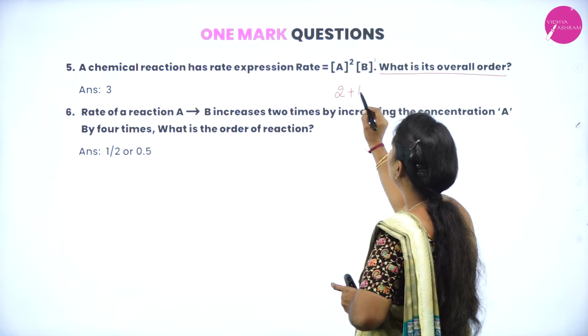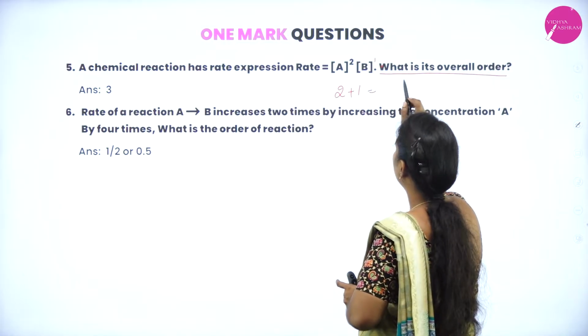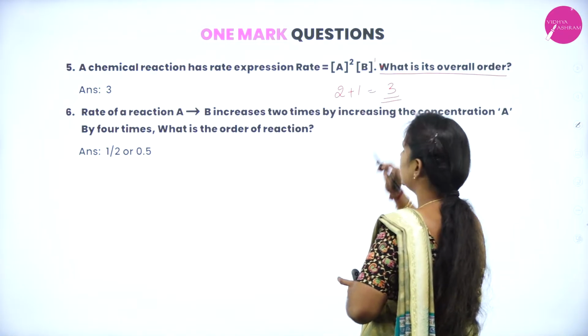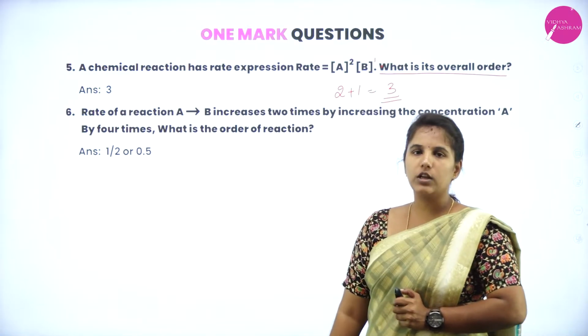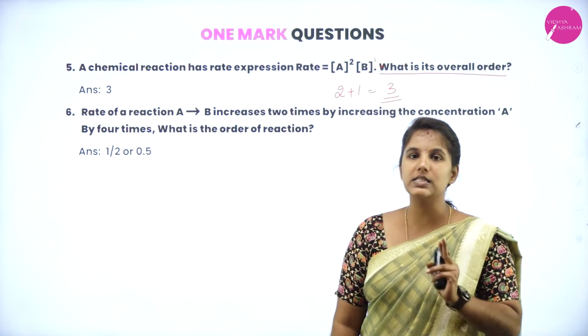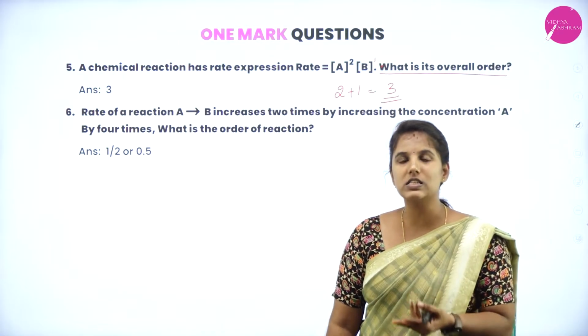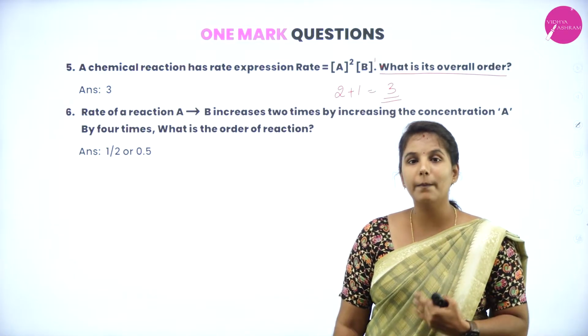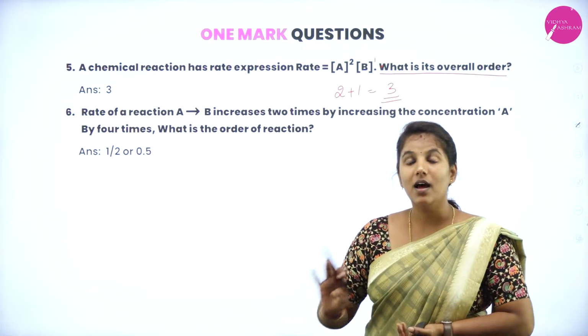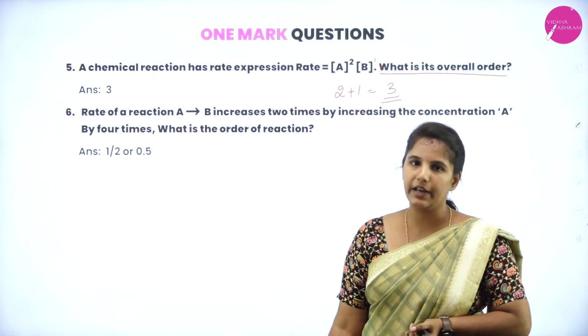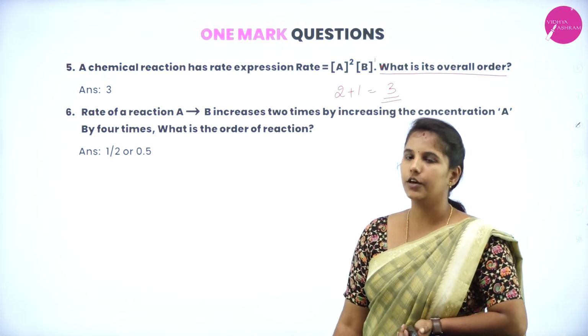If nothing is written, it indicates that it is 1. So, it is 2 plus 1, which is nothing but 3. So, what is the order of the reaction? It is 3. Okay. So, how do we calculate the order? Just by summing up the powers of the reactant concentrations which are involved in the rate expression. Okay.